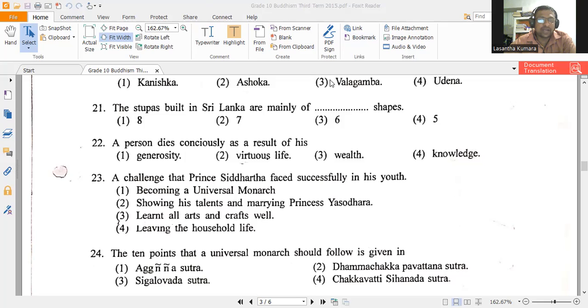Now, there is another answer which goes with that, learned all arts and crafts well, which was also a challenge. But leaving the household life. What is the word that we used to call it? Renunciation.